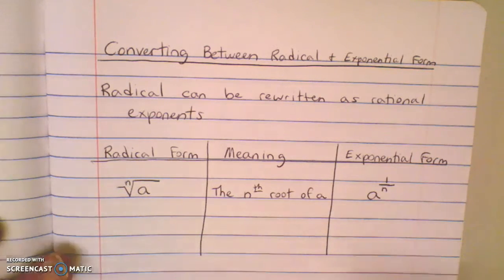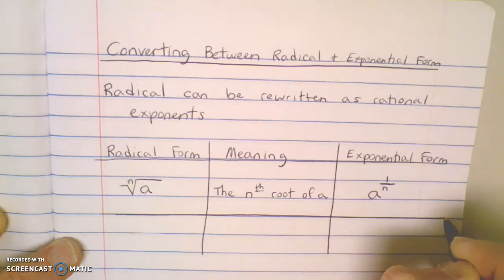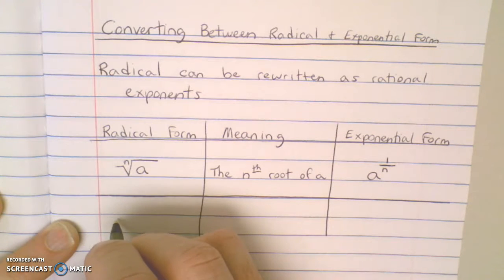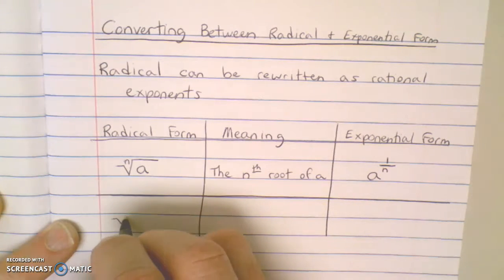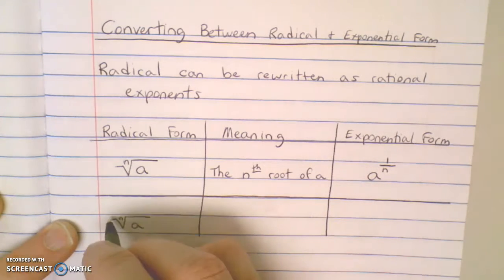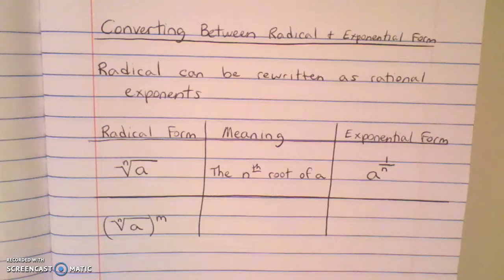Some other problems you'll see that we've also taken a look at are when you have an nth root of a number raised to a power. And I'm just using letters n and m as the examples.